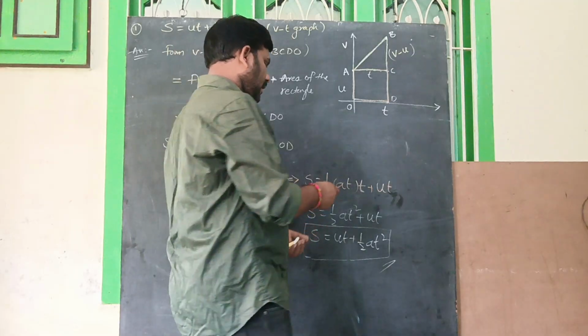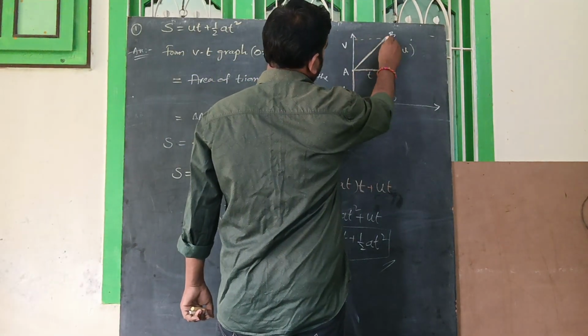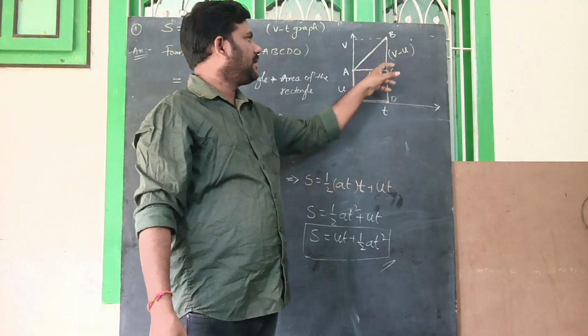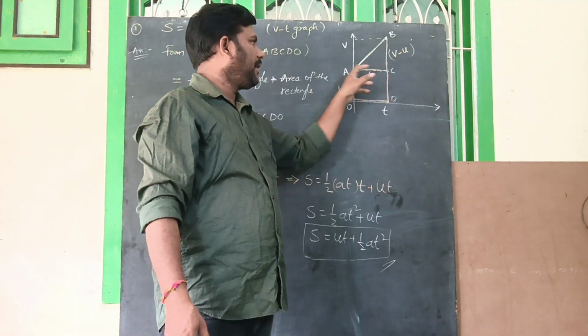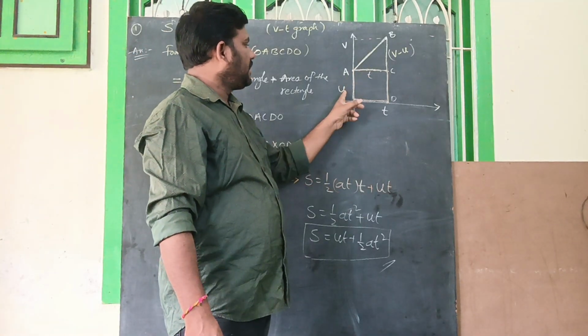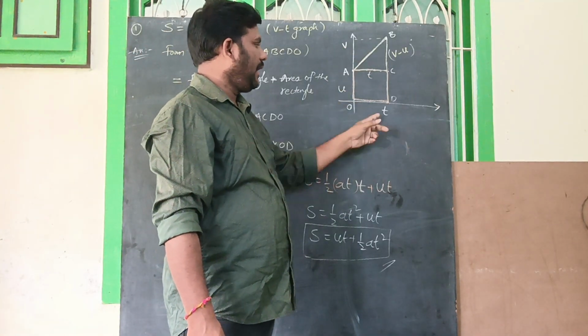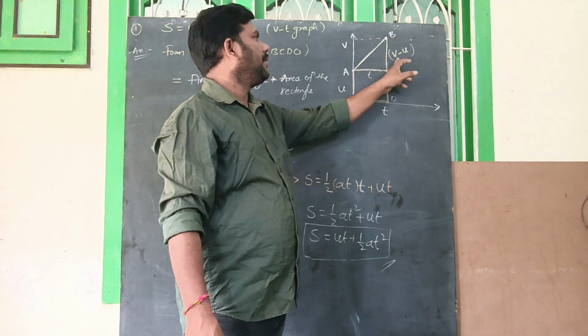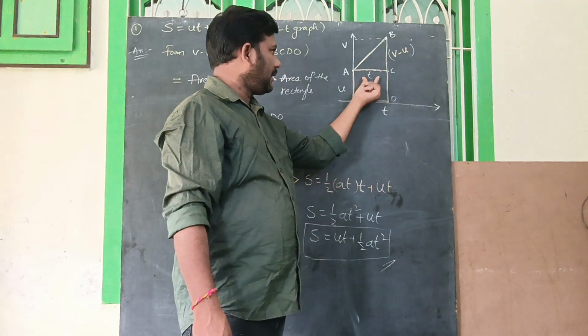Here we can draw the diagram, and we can observe the triangle and the rectangle. The initial velocity is u, the final velocity is v in time t, and the difference from B to C is v minus u.